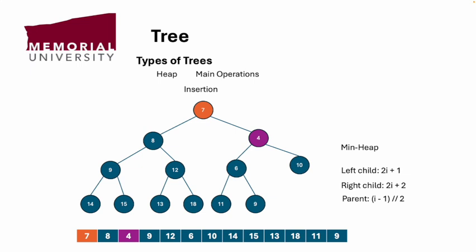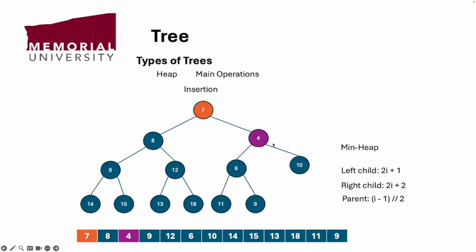So 8 greater than 7, that's okay, right? The left child is okay. The value on the right child is not good, right? Because 7 is greater than 4.